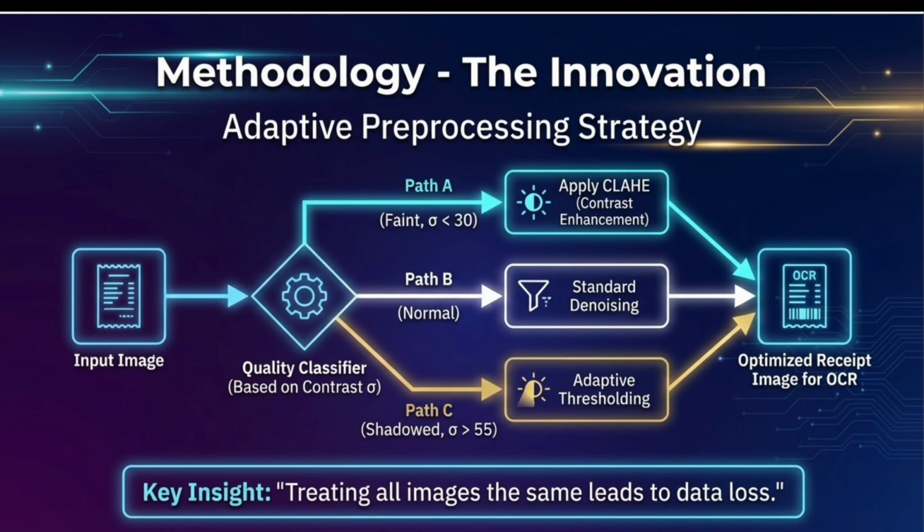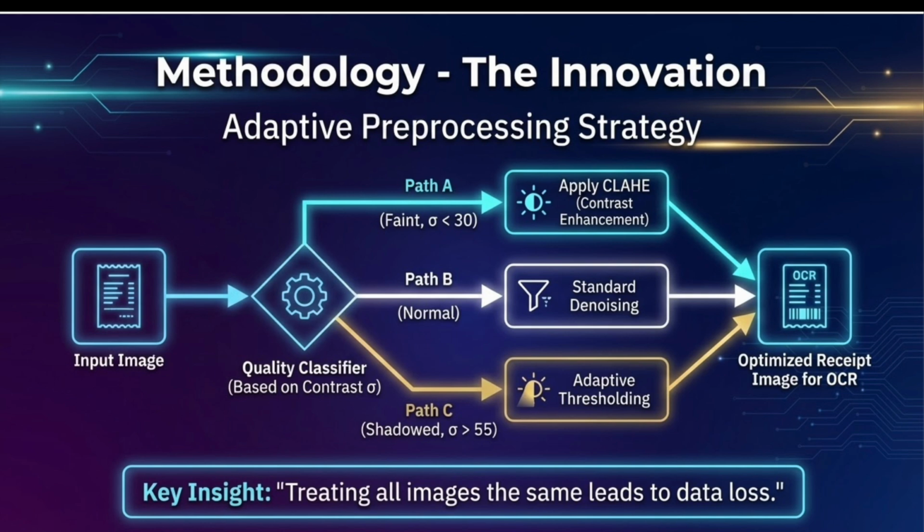amplifying noise. Path B is normal quality receipts, making up 60% of the data, with standard deviation between 30 and 55. These get moderate denoising with a medium contrast enhancement. Path C handles shadowed images with high contrast, standard deviation above 55, representing 11% of total receipts.